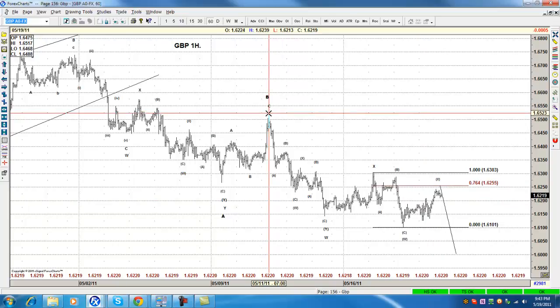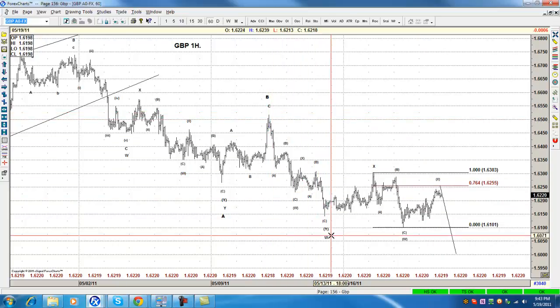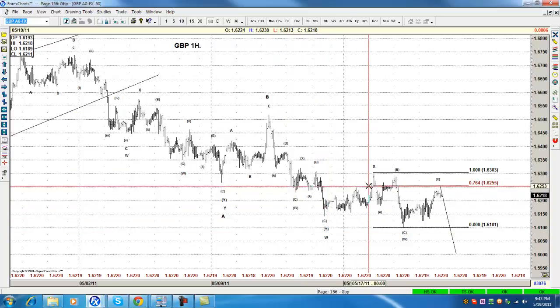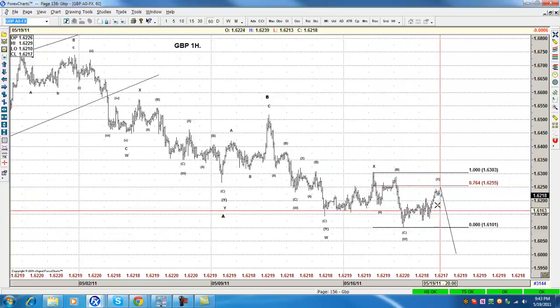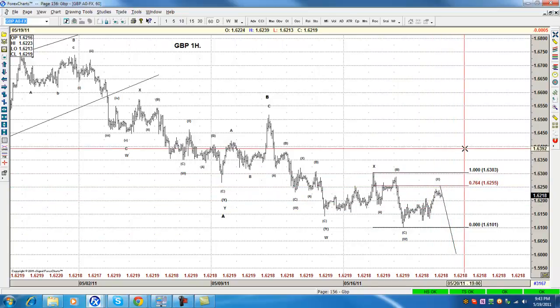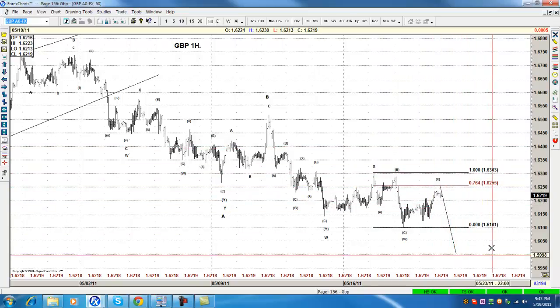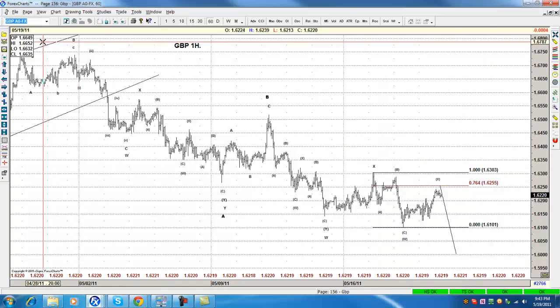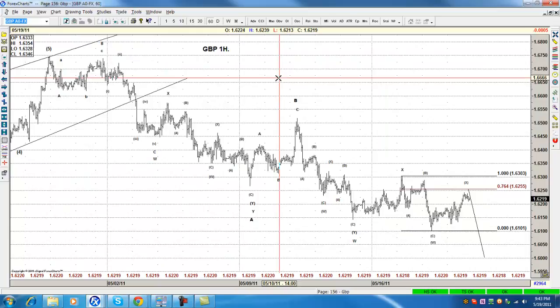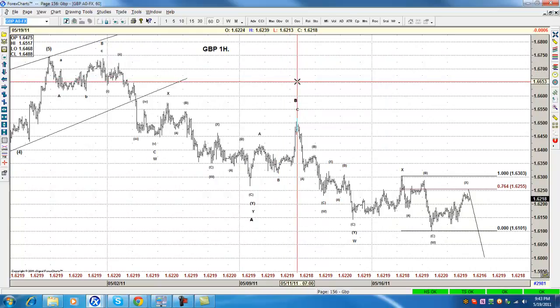First one, it can be counted like this is W, and then this is A, B, a type of flat that is going to take the pound to around this area before dropping again. The risk in the pound is no longer right here on this top, it is right here around 165.17. That's the risk in the pound at the moment.